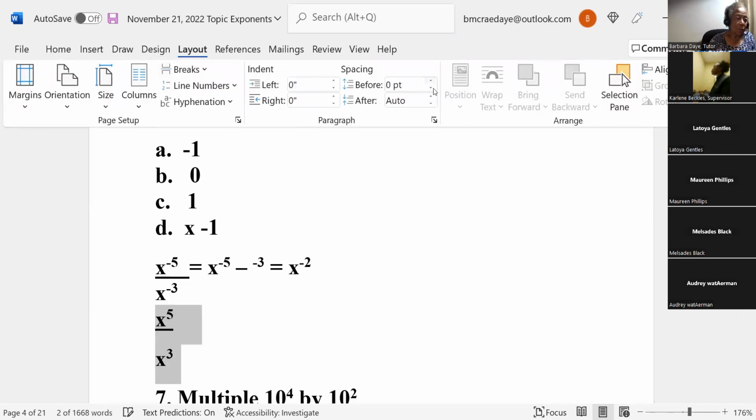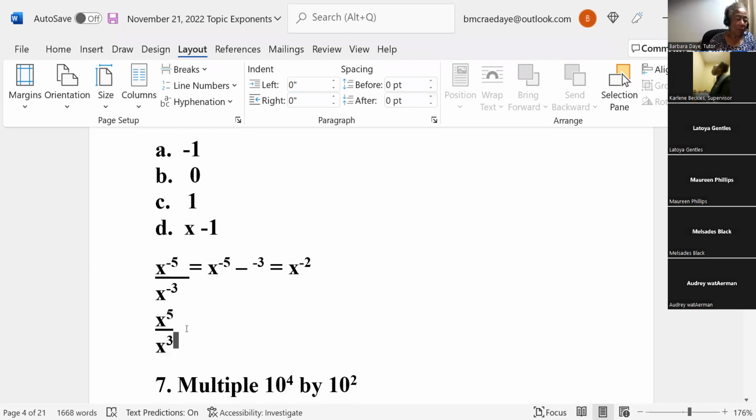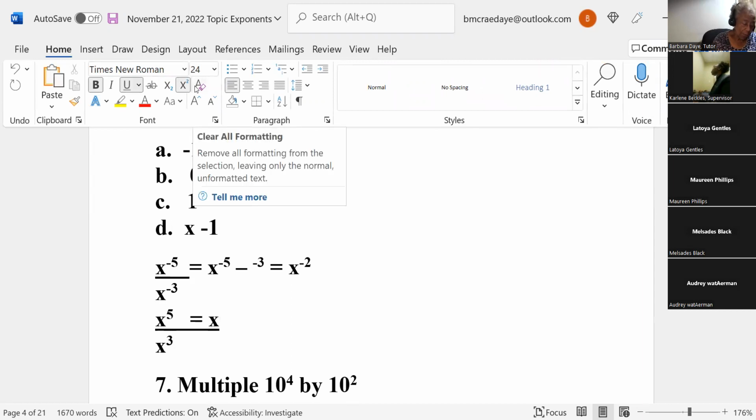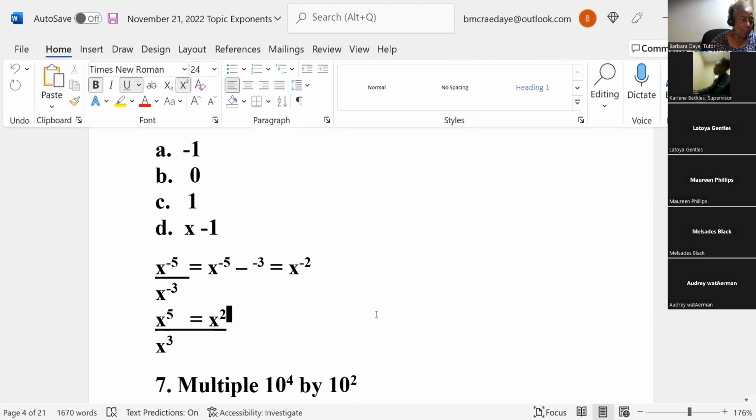X to the 2nd power. That's it. Very good. So that would be equal to x to the 2nd power. So x to the 5th power divided by x to the 3rd power is x to the 2nd. Okay.